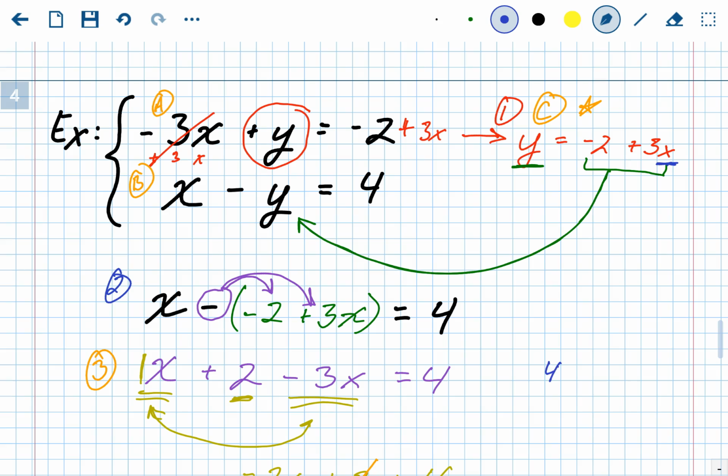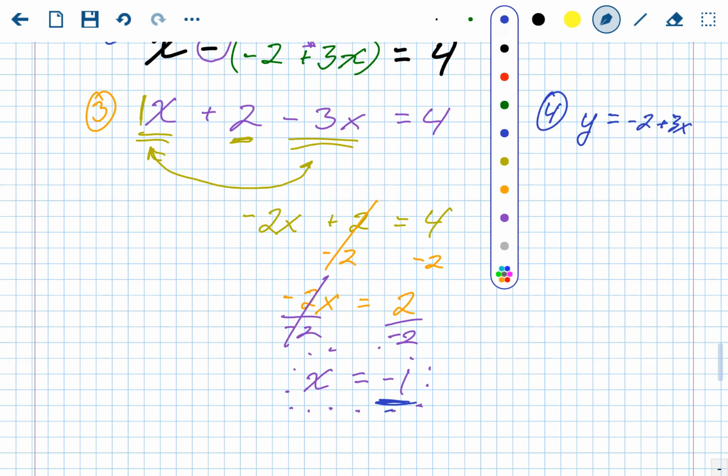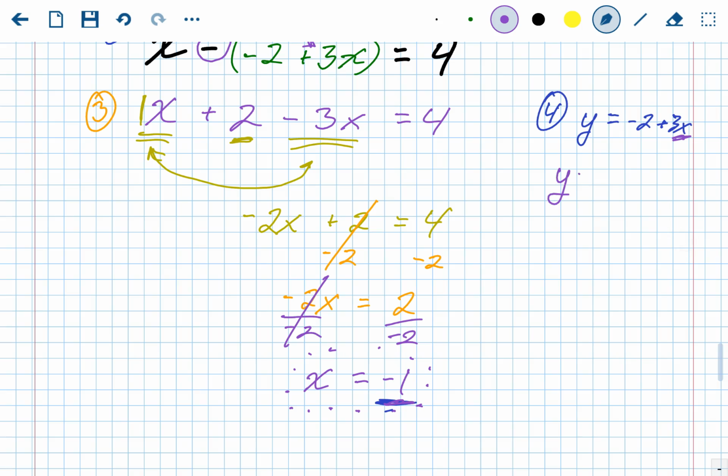In step 4, I'll do it off to the side. I'm going to use the equation y equals negative 2 plus 3x, and I'm going to sub it in for x. So instead of 3x, I'm going to do 3 times negative 1. So it's y equals negative 2 plus 3 times negative 1.